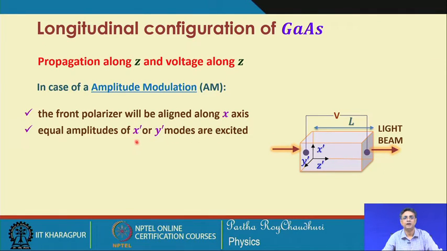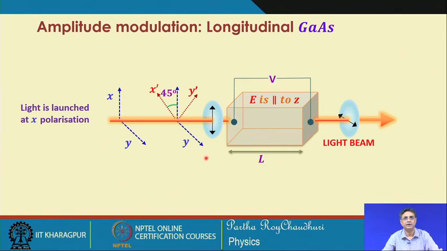Now, the light which will be decomposed into x prime and y prime axis will travel with two different velocities, because these two lights will see different refractive indices because of the electro-optic effect. There will be a birefringence between these two lights, and this birefringence acting over the length will give you the phase retardation.